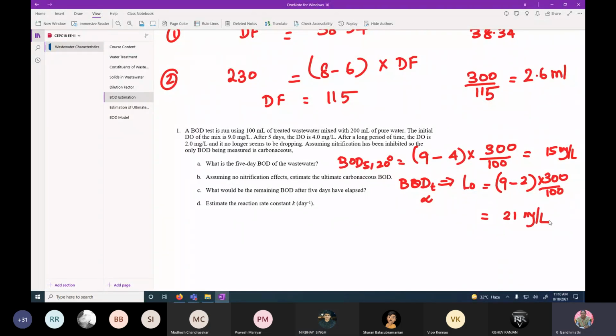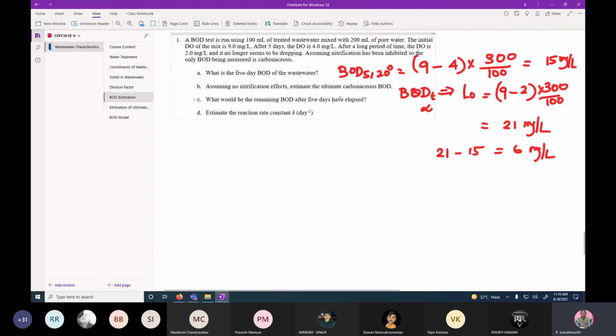Now, for the third one, what would be the BOD remaining after 5 days? It's 21 minus 15, okay, 6 milligram per liter. Then estimate the reaction rate constant. Now use the mathematical model: BOD5,20 is L0 times (1 minus e^(-K1 t)).